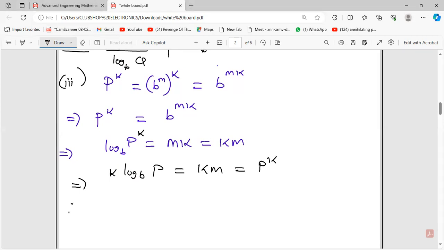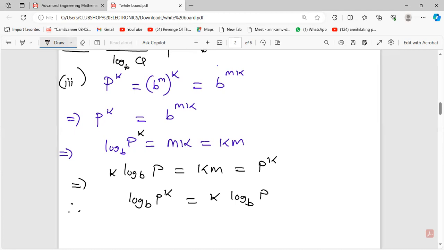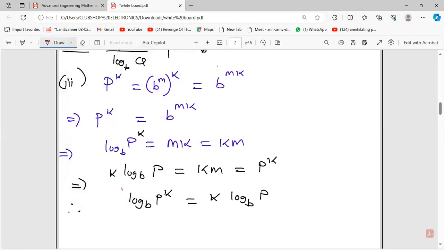Now, what is our conclusion? Our conclusion is log base b of p to the power k is the same as dropping k, multiplied by log base b of p. This we need to remember.